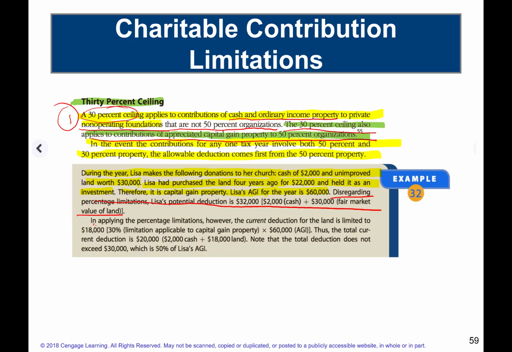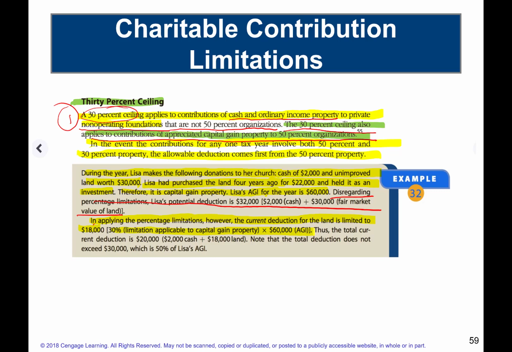But when we apply the percentage limitation, the current deduction for the land is limited to $18,000 because we have a 30% limitation of AGI on that sort of property, and 30% of 60,000 is $18,000, right?